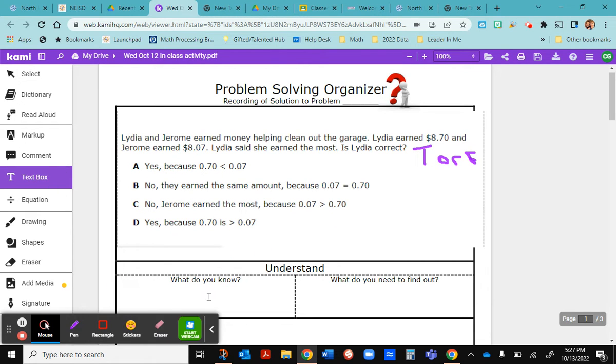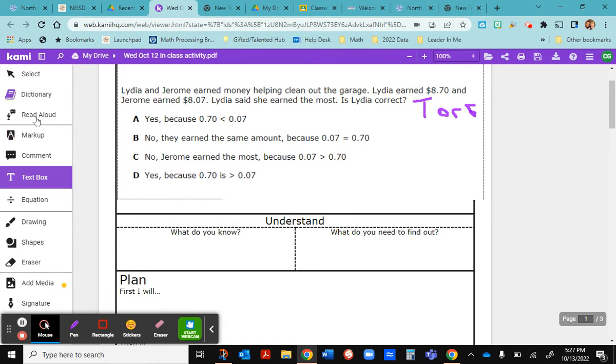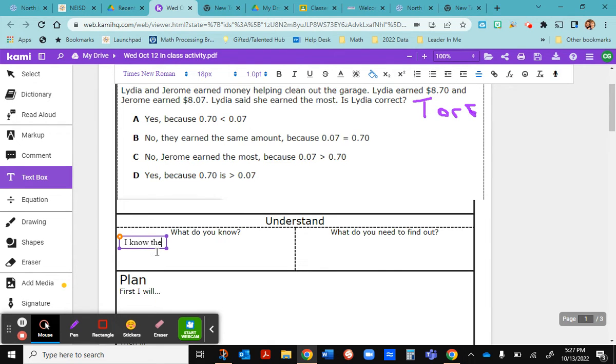What do I know? So I'm going to type in, what do I know? Well, I know there are two people who earned money. What else do I know? Very good.